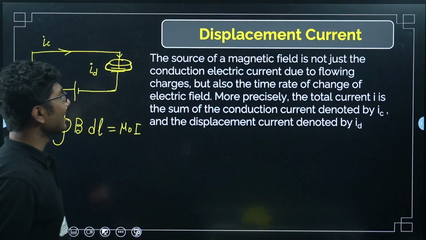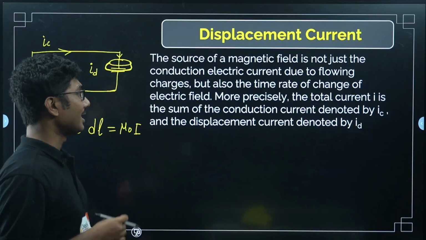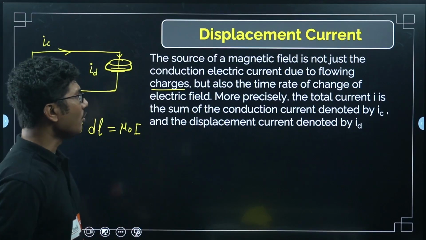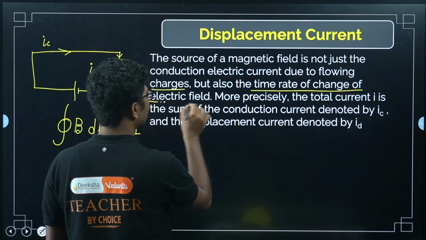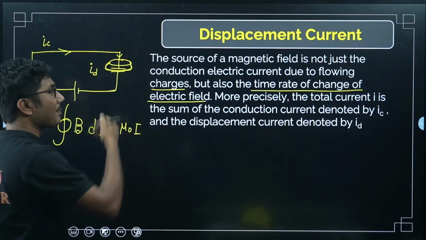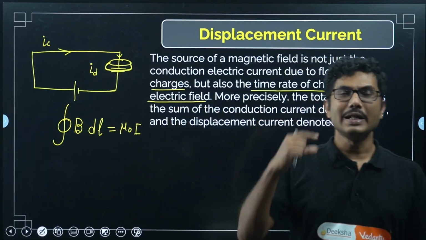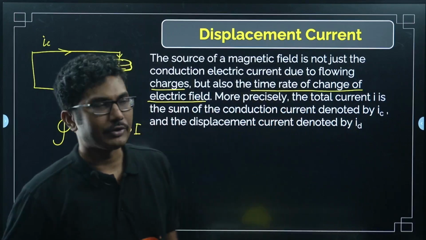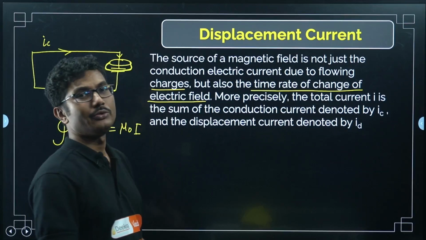So displacement current: the source of a magnetic field is not just the conduction electric current due to flowing charges, but also the time rate of change of electric field. If the electric field is changing, for example when the capacitor is charging, the electric field between the capacitor plates is not constant but changing with time. So the time rate of change of electric field can also give rise to current.